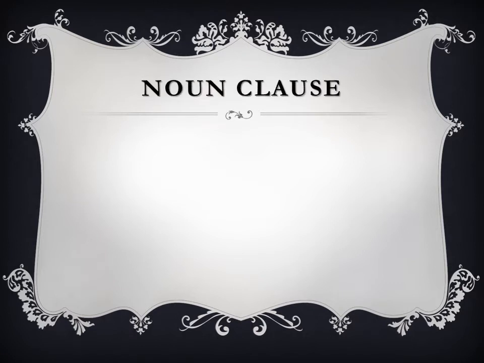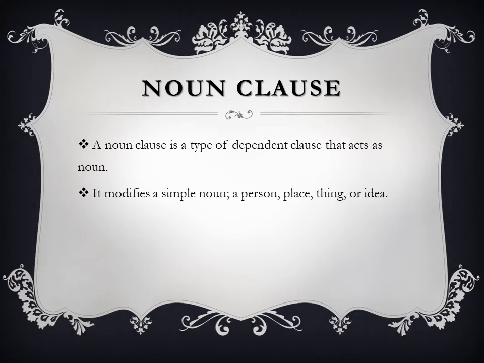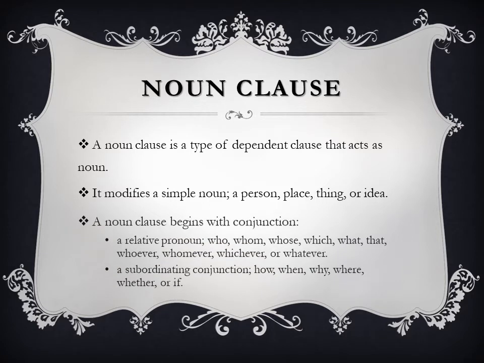Now we come to noun clause. A noun clause is a type of dependent clause that acts as a noun. It modifies a simple noun. It can be a person, place, thing, or idea.